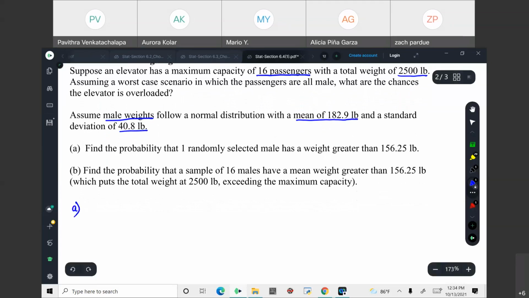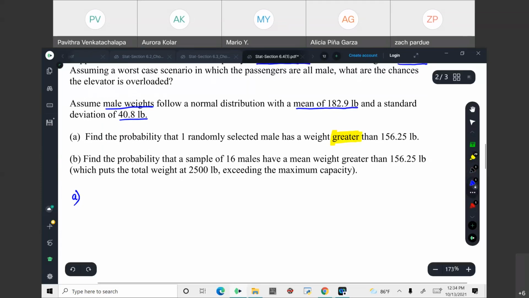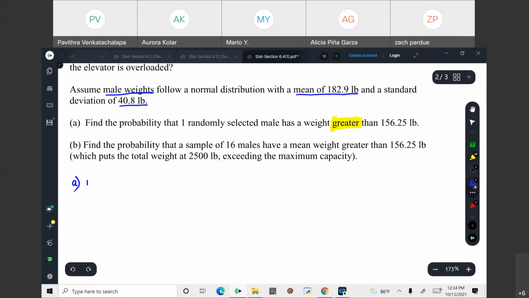Find the probability that one randomly selected male has a weight greater than 156 lb. Okay, so this is about one random person. So n is equal to 1, then z must be equal to x minus mu divided by sigma.